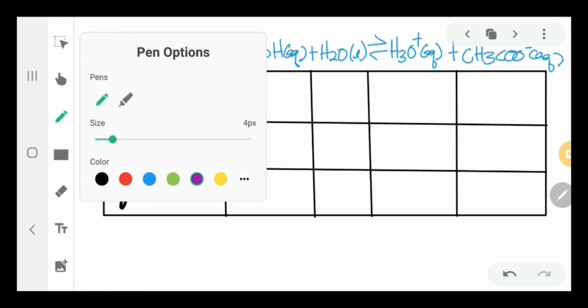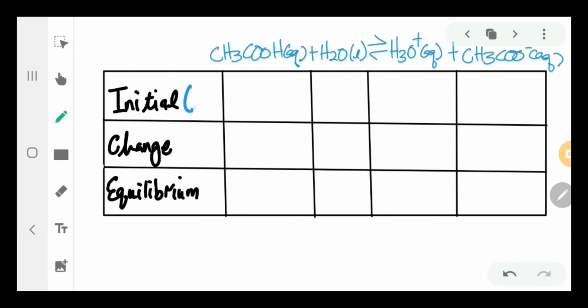So the ICE table that we're going to be using is for concentration. Note that water is a pure liquid, so that one will be ignored. We're not going to be dealing with that one. And what is the initial concentration of acetic acid?